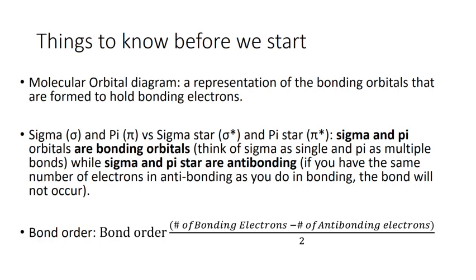There are both sigma and pi, as well as sigma star and pi star orbitals on a molecular orbital diagram. Sigma and pi are the bonding orbitals, and sigma and pi star are what we called antibonding orbitals. So if you have the same number of electrons in antibonding as you do in bonding, no bond will occur.